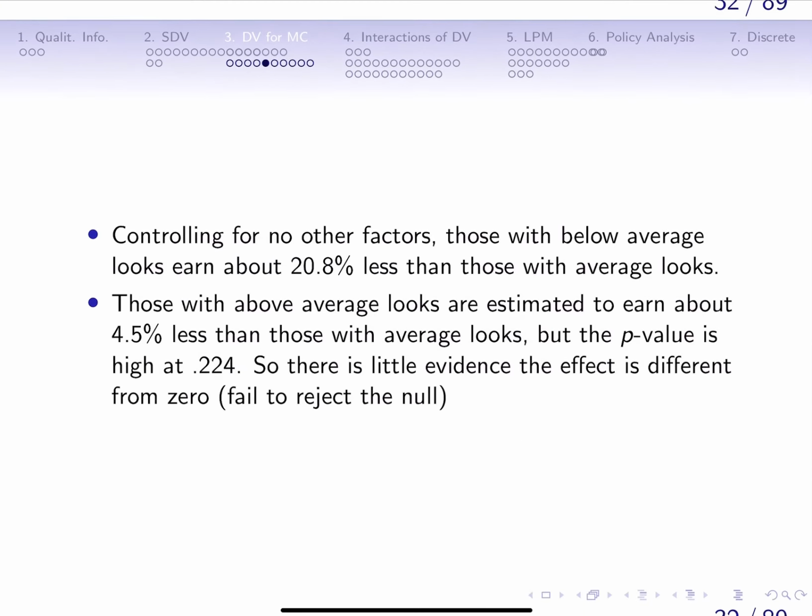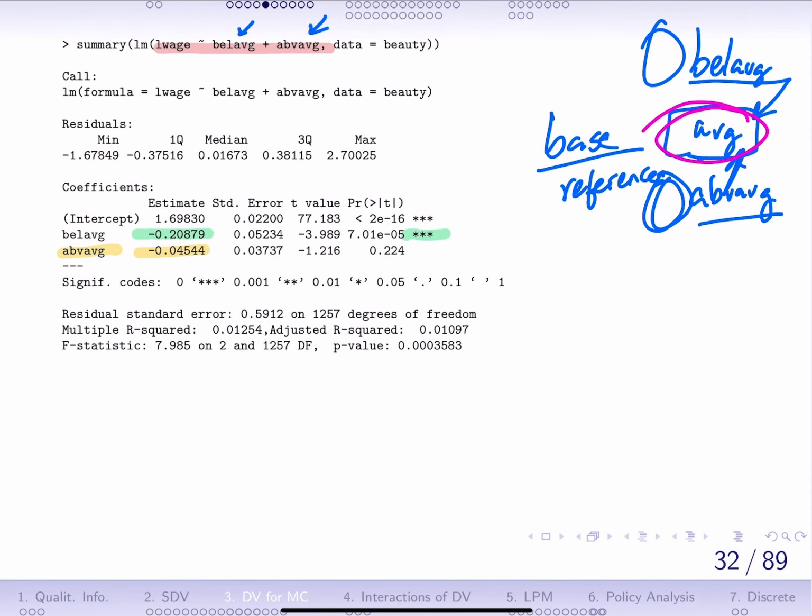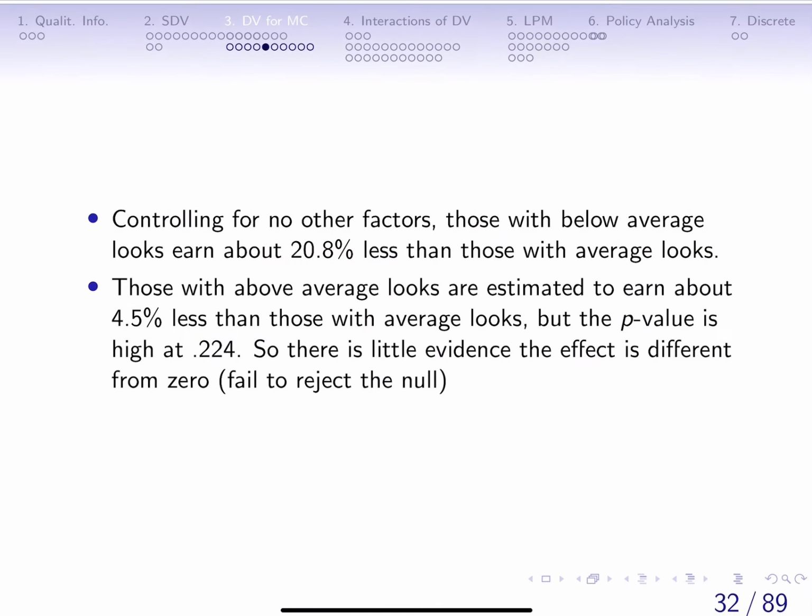So we don't really want to interpret that anyway. But let's say we had got some stars here. This coefficient would just mean that people who are above average are paid 4.5% more than people who have average looks.